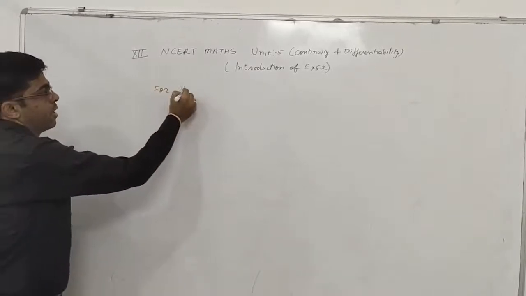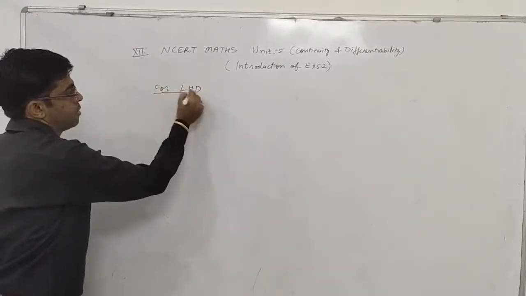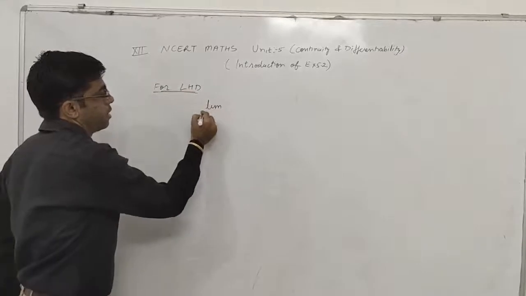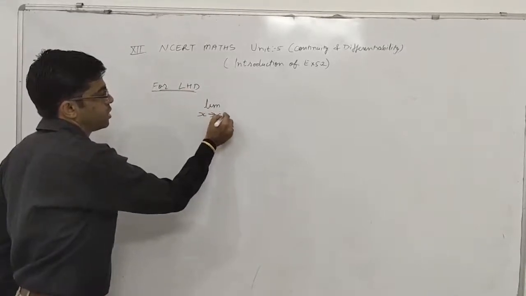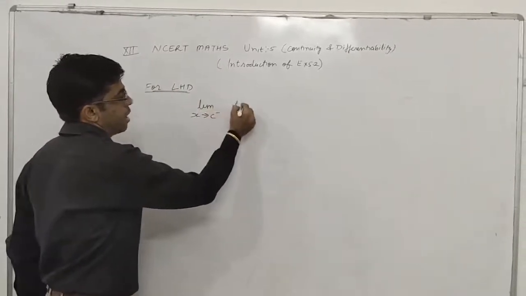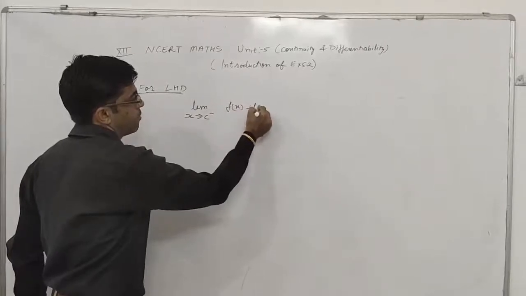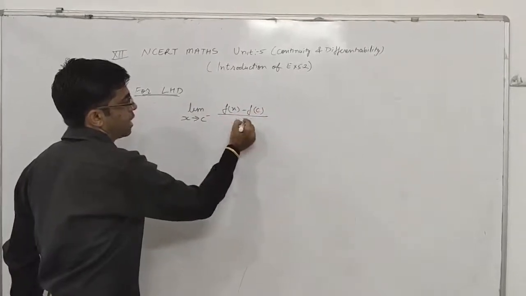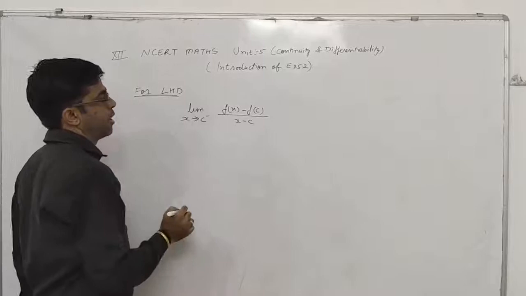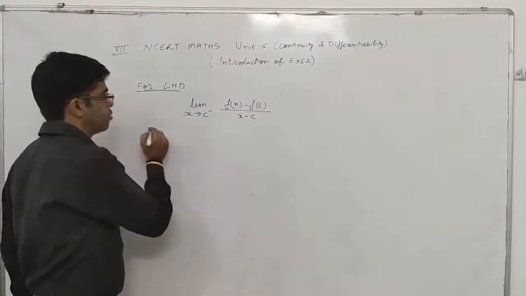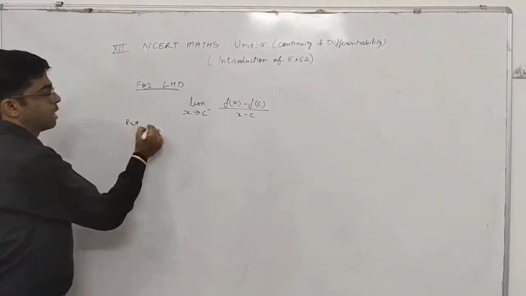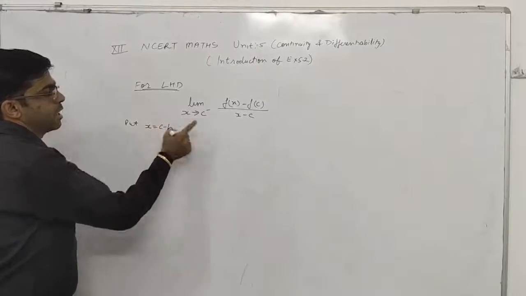For left hand derivative, limit x tends to c minus of f(x) minus f(c) upon x minus c. We are finding the left hand derivative, so put x is equal to c minus h.